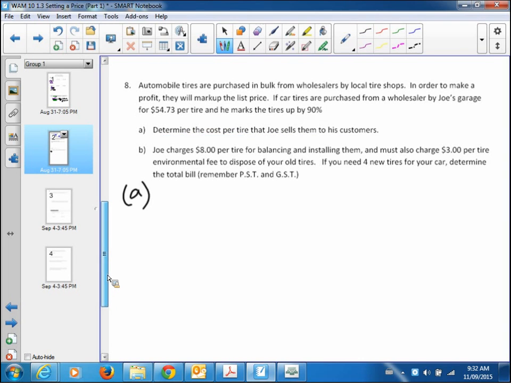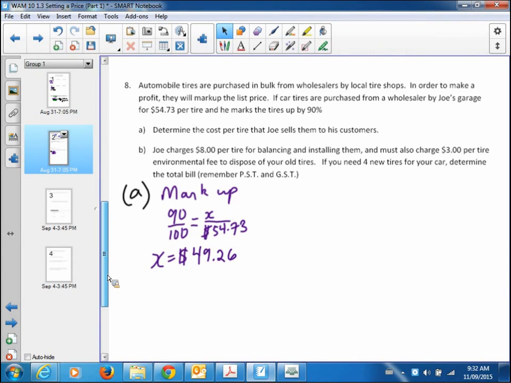The markup, let's figure this out. The markup is 90%, so 90 out of 100. And that's going to be equal to, well, what is the markup out of the $54.73 tire? Cross multiply, divide by the loner. And Big Joe there, the owner, is going to add $49.26 to the price of the tire. That's his markup in dollars.